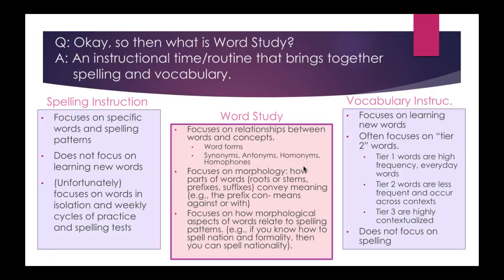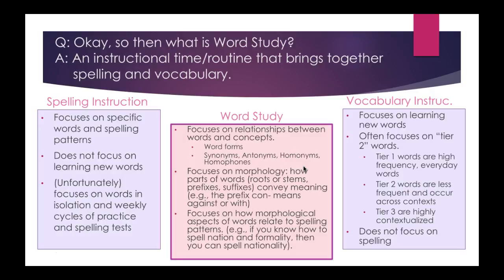And they also tend to be a little bit more complex, and they will occur across contexts. So a word like mountainous might appear in a novel, but it may also appear in a geography lesson, right, or textbook, or a history textbook. A word like complex is a word that you can encounter in many different content areas and contexts.